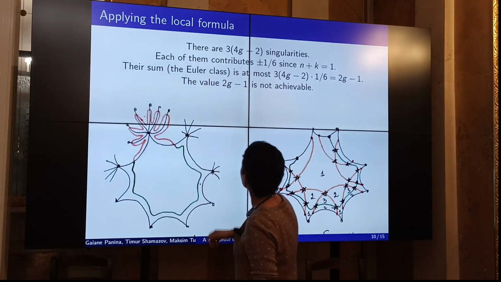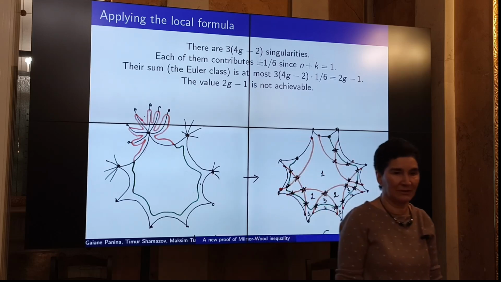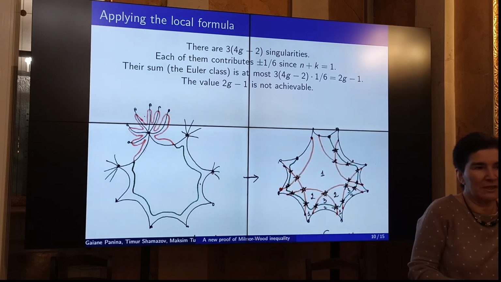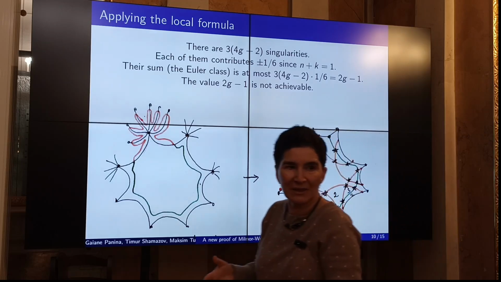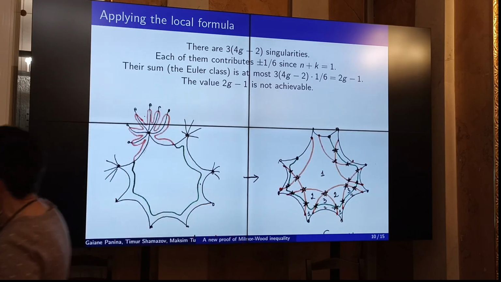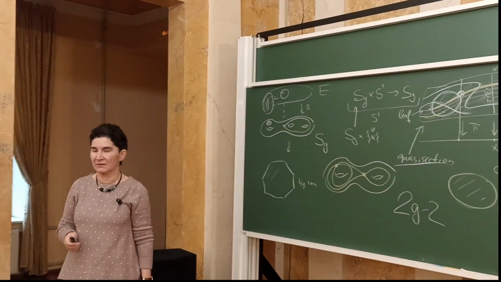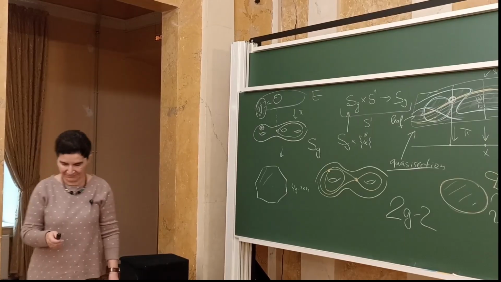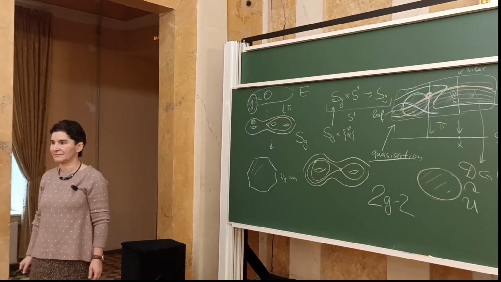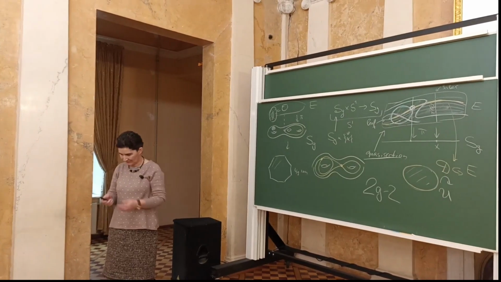But for bigger Euler classes you fail. So maybe they are characterized somehow by embeddability of special parts of the universal cover, special disks in the universal cover. That's it. Thank you.